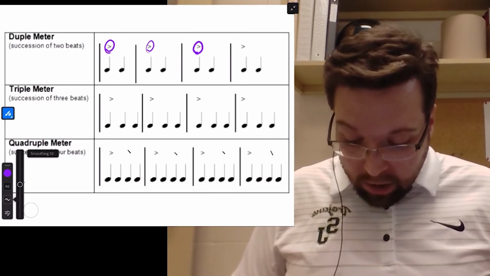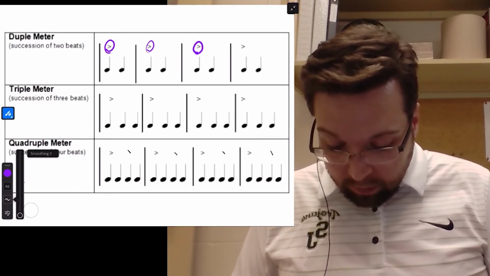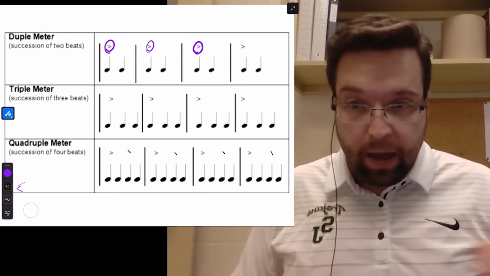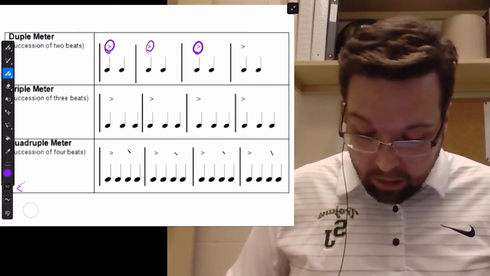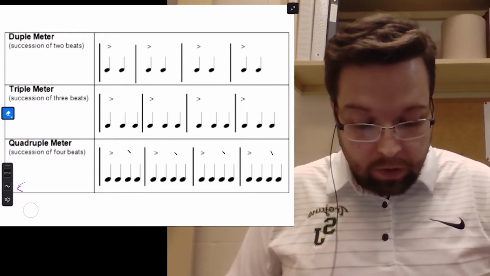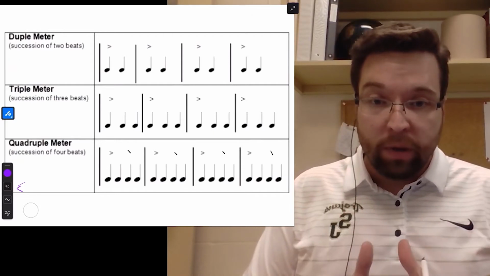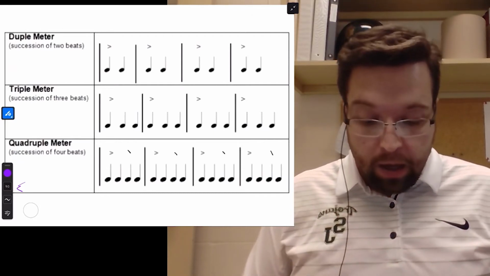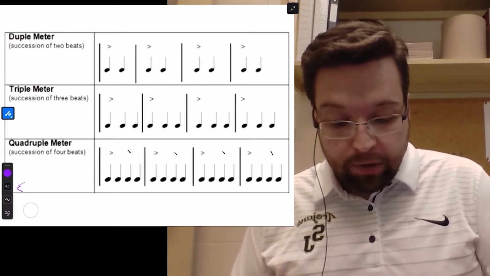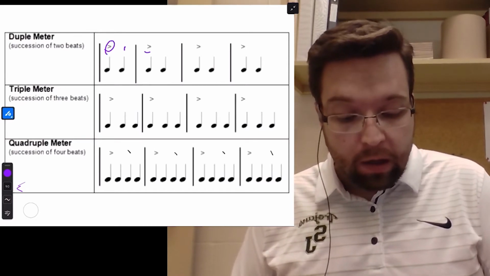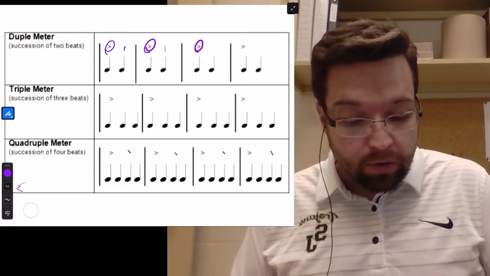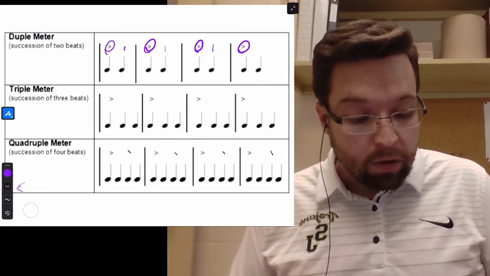Okay, so that is for that. Sorry about that. I had to fix that real quick. So those markings are the indicators for the downbeat, for the strong beats. Okay, so if you notice here, we have strong, weak, strong, weak, strong, weak, strong, weak.